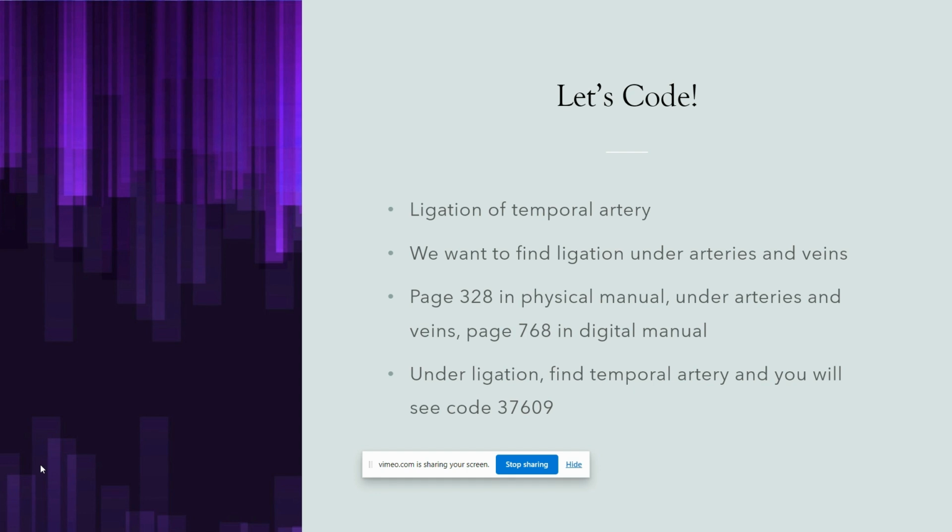If you go to page 328 in a physical manual, or page 768 in your digital, under arteries and veins you will find ligation. Then we want to make sure we have the temporal artery. This is an example of a specific artery being used, and we want to make sure we include that in our codes.